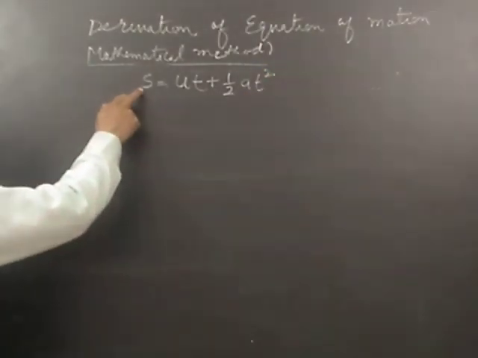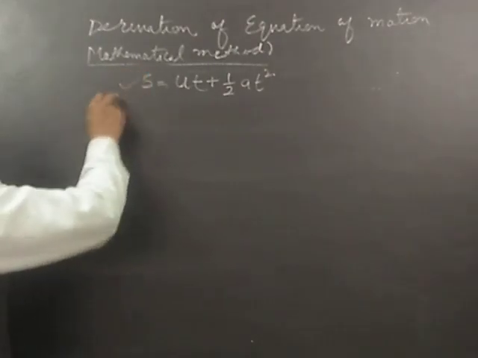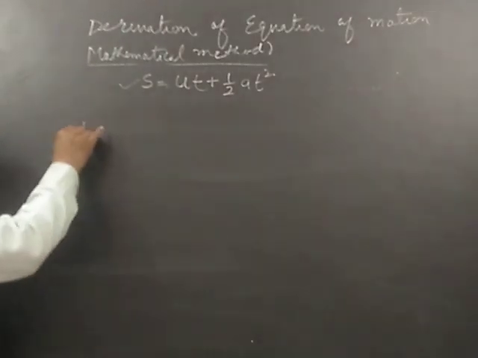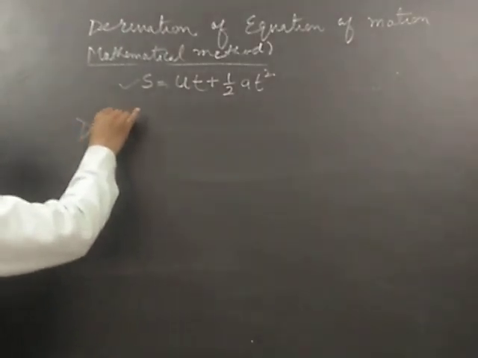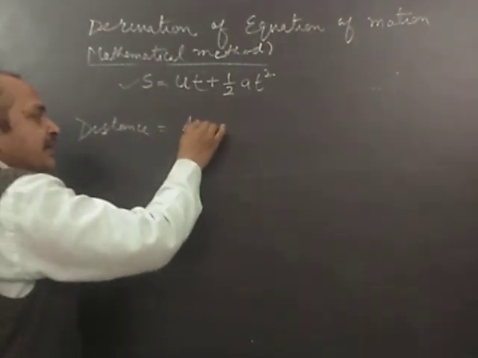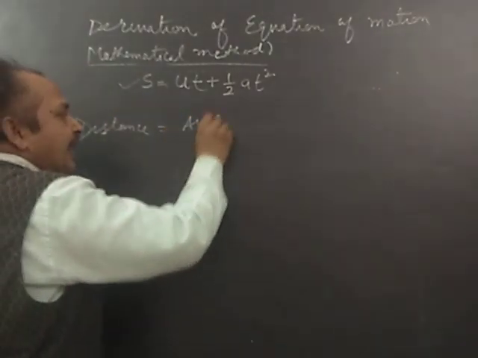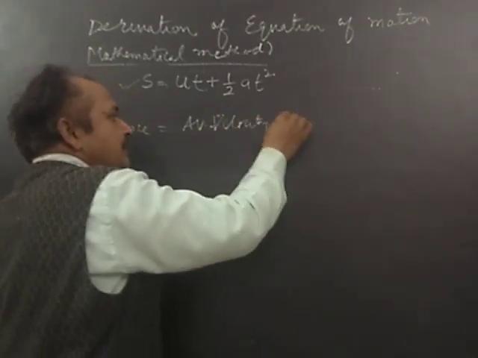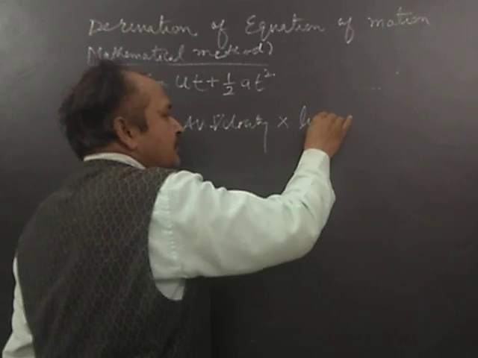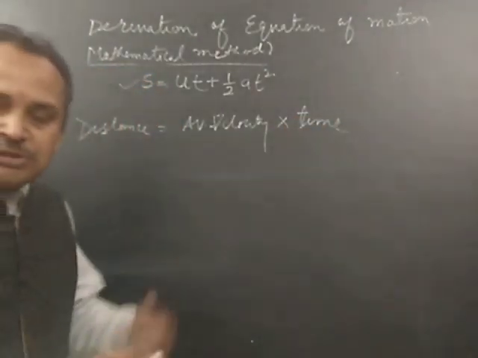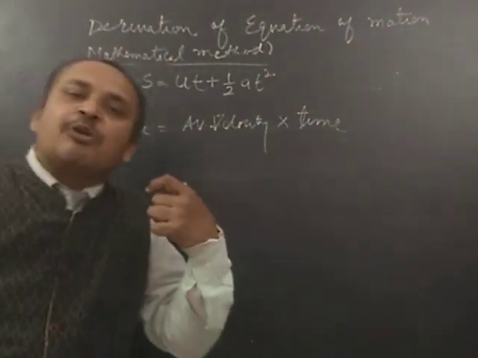Because the second equation of motion is talking about s, which is the distance, and you all know what distance is: distance is the average velocity multiplied by time. Because in these situations we are talking about velocity.